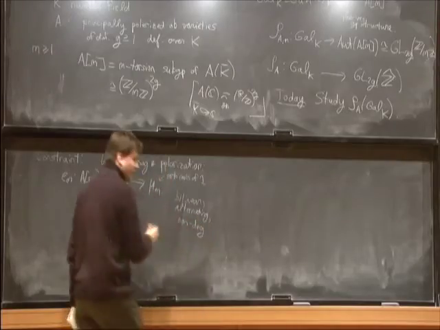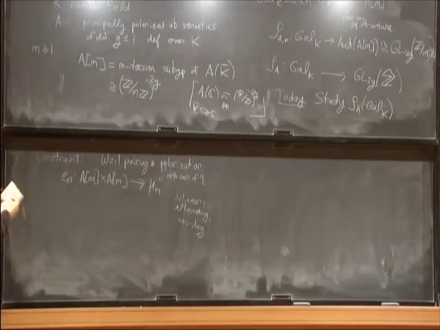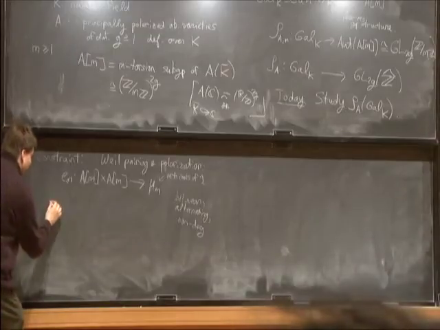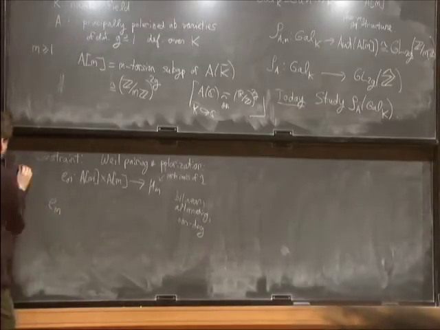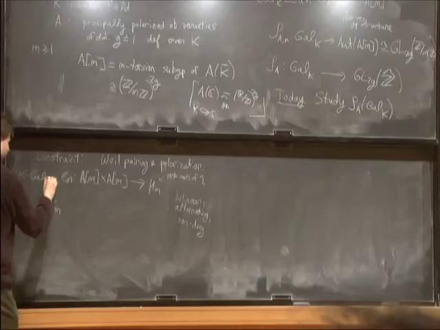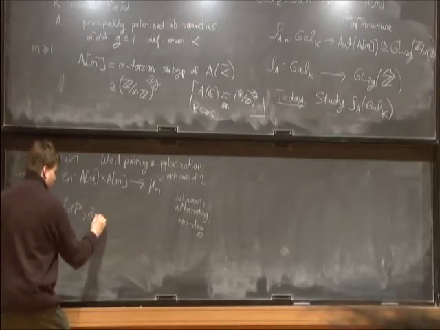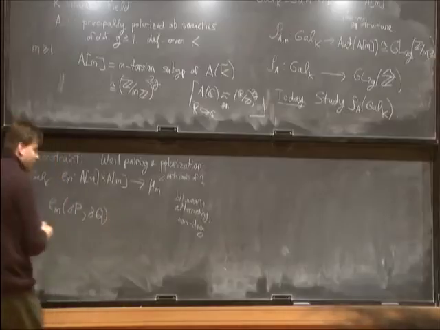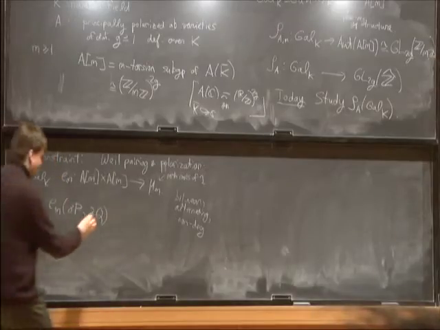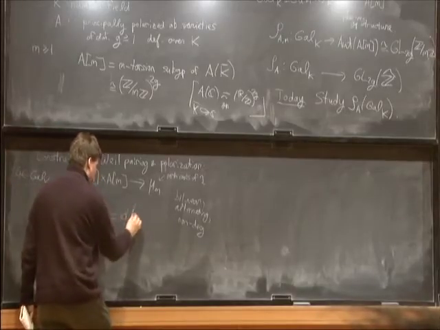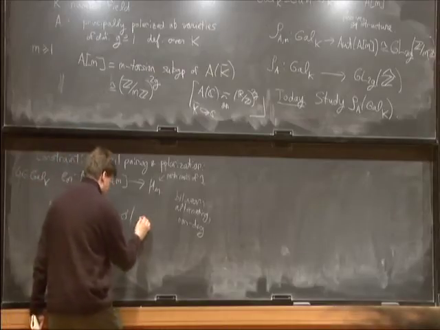And in particular for us, it's also compatible with the Galois action. So if we have an element of our Galois group, and we look how it acts on two points, and then take the pairing, it's the same as pulling this Galois action out and acting on the root of unity.